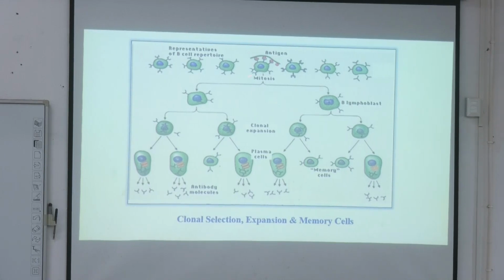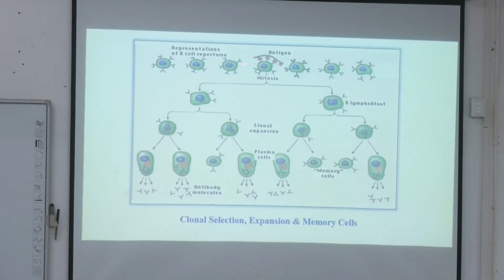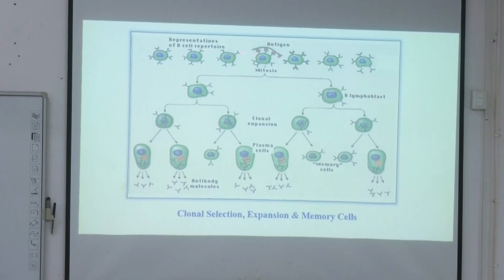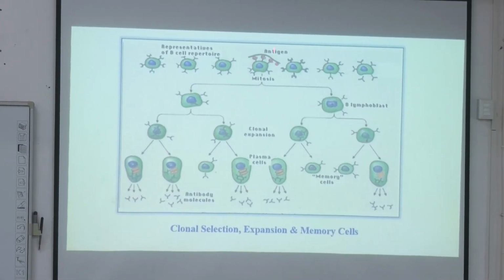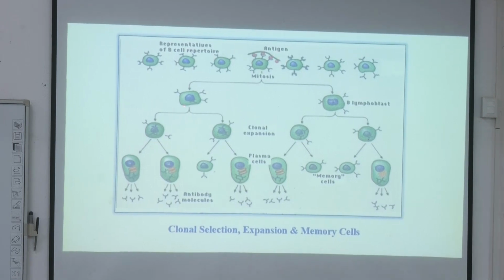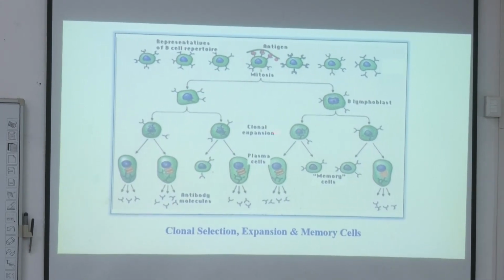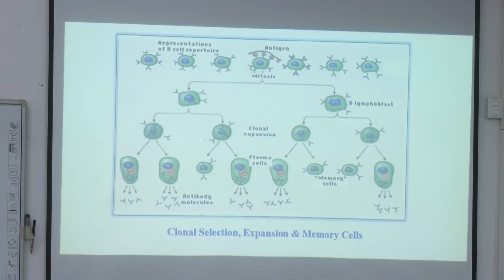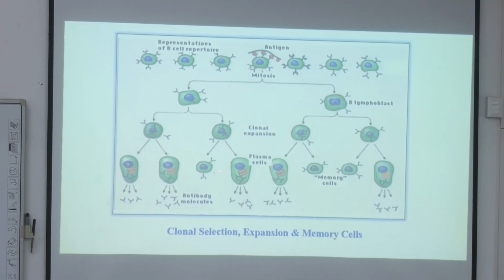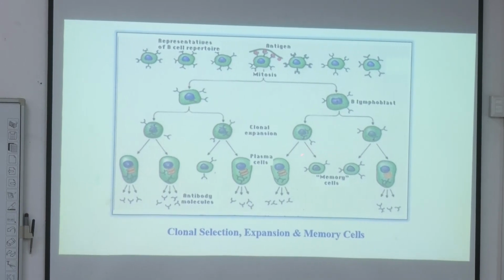Look at this. These B cells are recognizing antigens. You can see the receptor, different types of receptors are there. Now, this is recognizing antigen, and then this cell is undergoing mitotic division, and this cell again mitotic division, this cell again mitotic division. Similarly, on this side.